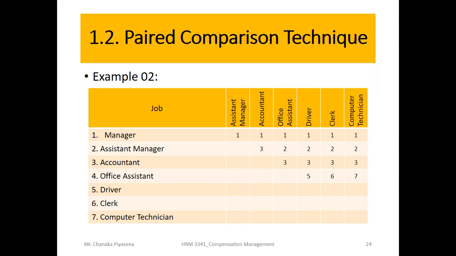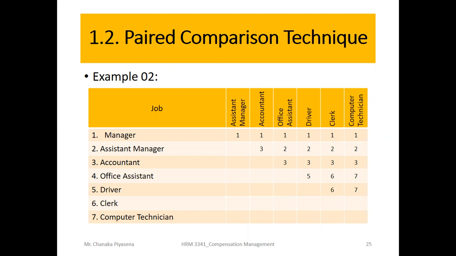When we compare office assistant with the driver, driver is more important than the office assistant. When we compare office assistant with the clerk, clerk is more important than the office assistant. That's why we put number 6. And the last column, office assistant compared with the computer technicians. Computer technicians is more important than the office assistant.